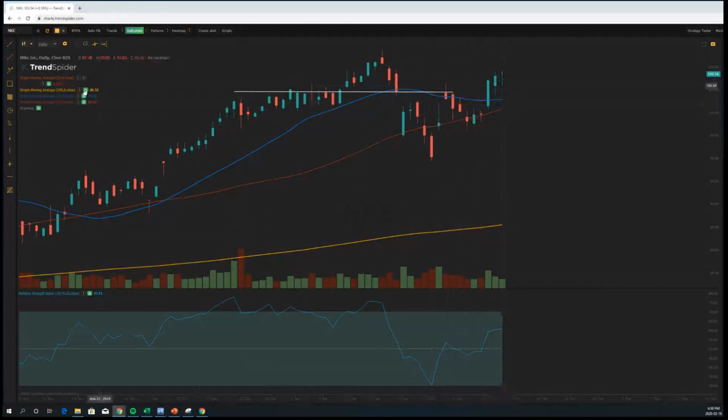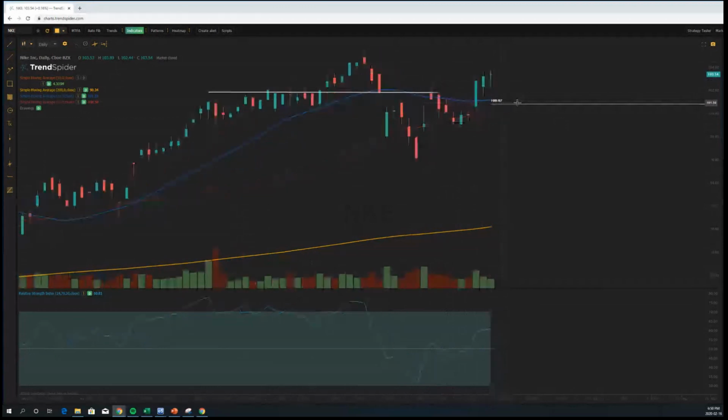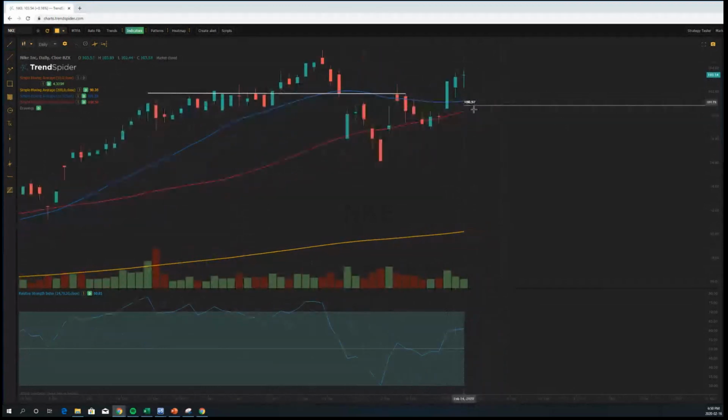You might want to see a retest of the 21-day right around the 101 to 100 area, and see if it can post a mini hammer candle. And then if it can do that and come back up, you might see a little bit of resistance around this high here, the 103, and then a push into what I assume are all-time highs.